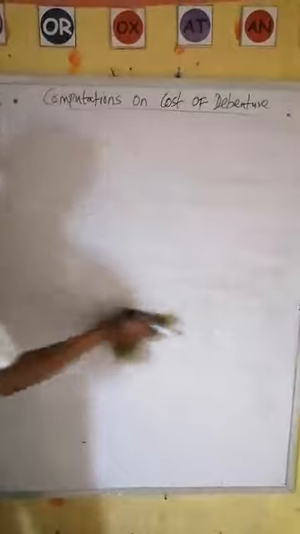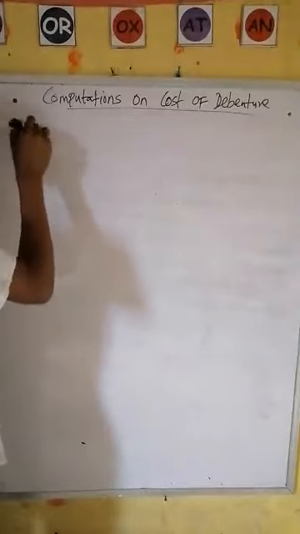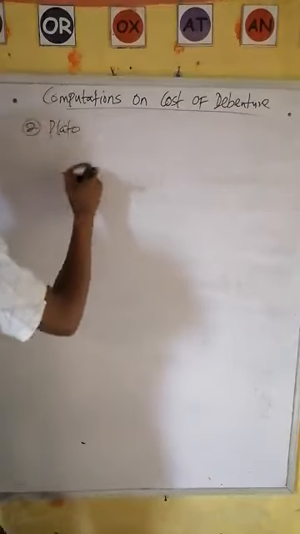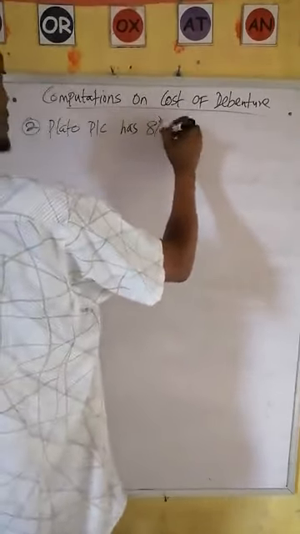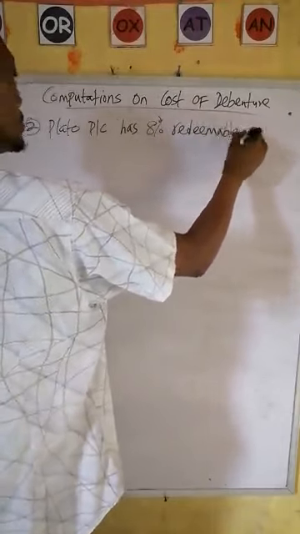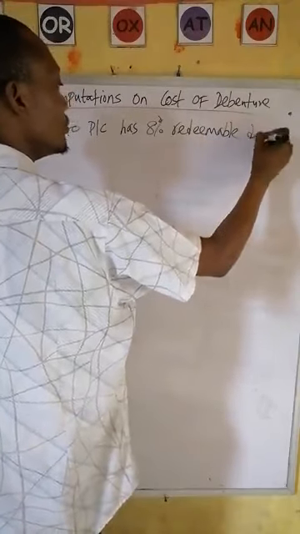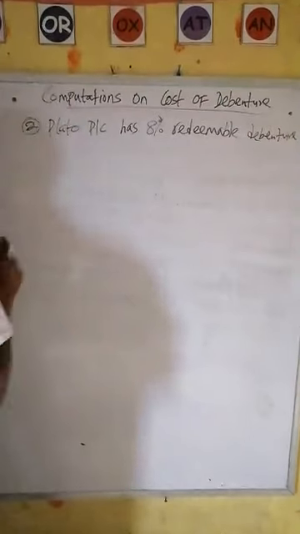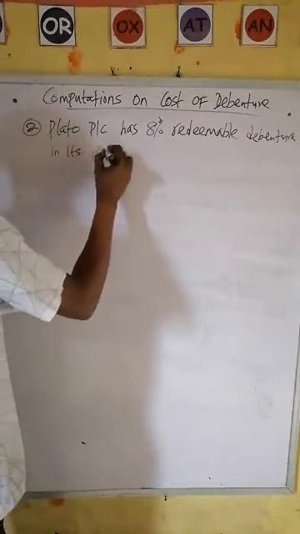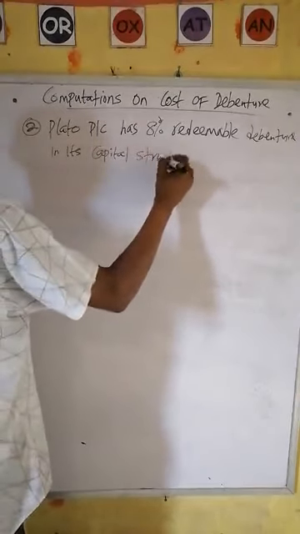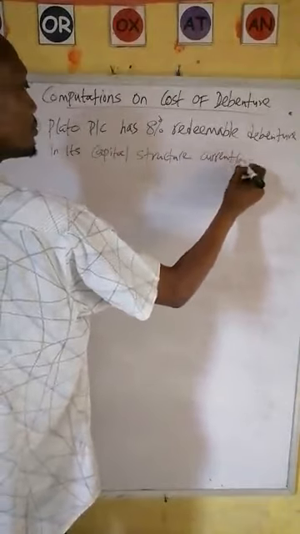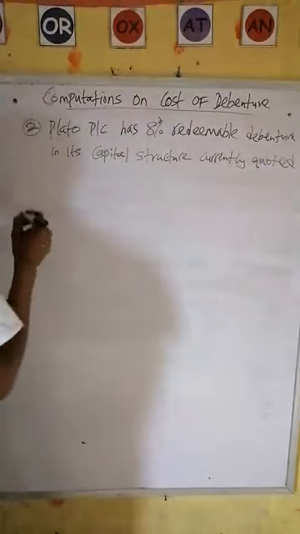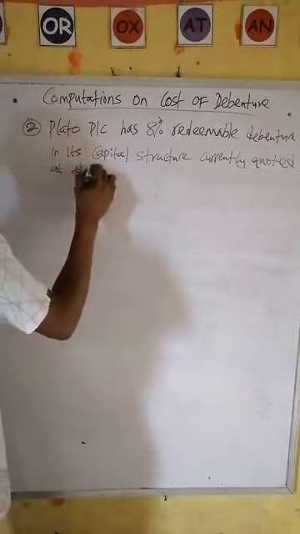Question 2. Say Plateau PLC has 8% redeemable debenture in its capital structure, currently quoted at 102 naira.